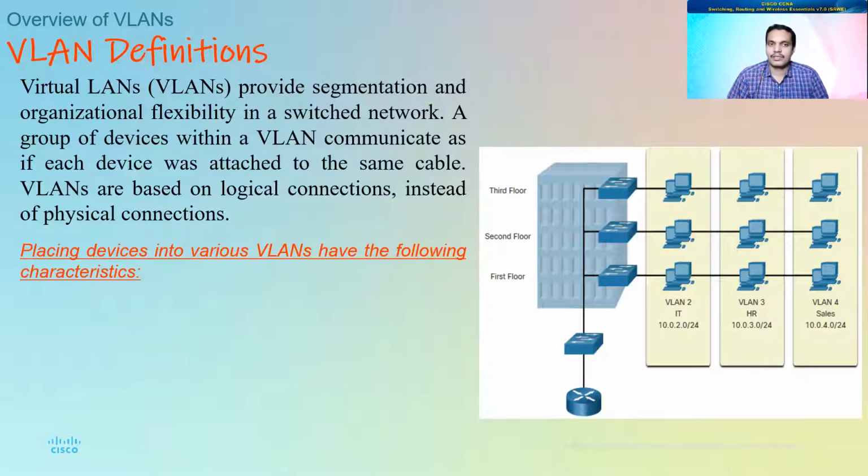A group of devices within a VLAN communicate as if each device was attached to the same cable. You need not have the devices connected physically with the same cable or to the same network. Even then, I can create VLANs, because VLANs are logical in nature rather than physical in nature. So we base our VLANs on logical connections rather than physical connections.